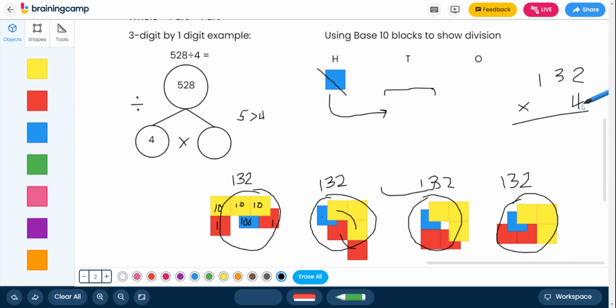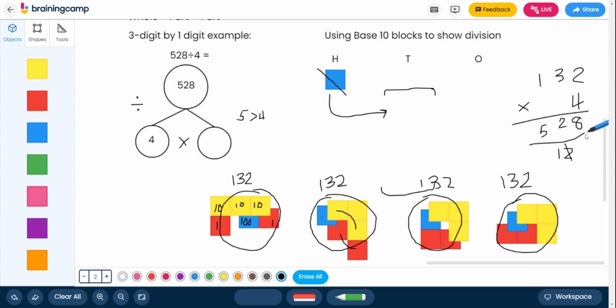We can simply multiply that. 2 times 4 is equal to 8. 3 times 4 is equal to 12. So we have, that's actually 30 times 4, which is 120, right? But of course, we multiply the digits. 1 times 4 is equal to 4, or 100 times 4 is equal to 400, plus this 100 here, 500.